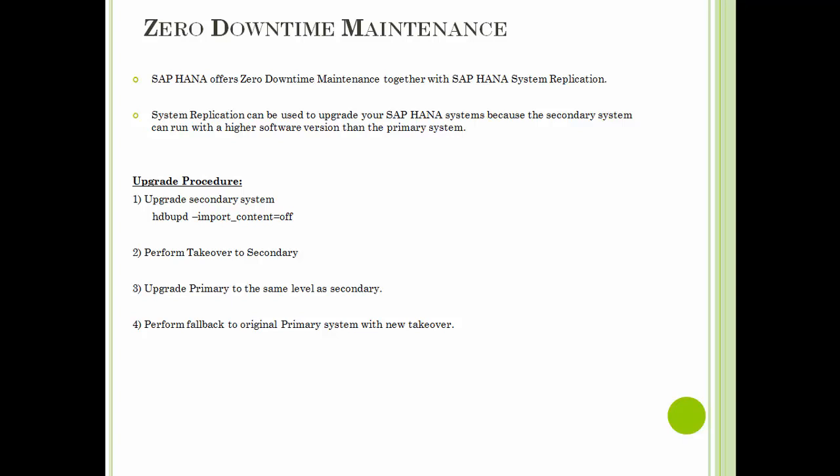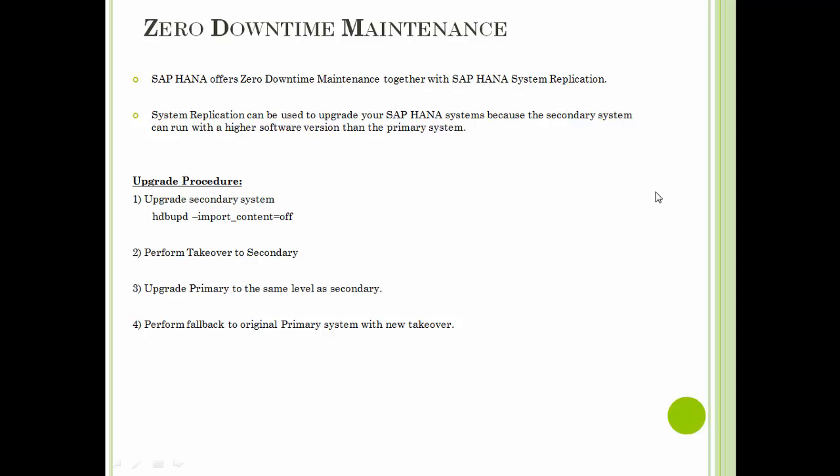So before doing this, we upgrade the secondary to the target level we want, and then take over and then do the upgrade for the primary, and we can fall back where we use the actual primary for the productive environment.